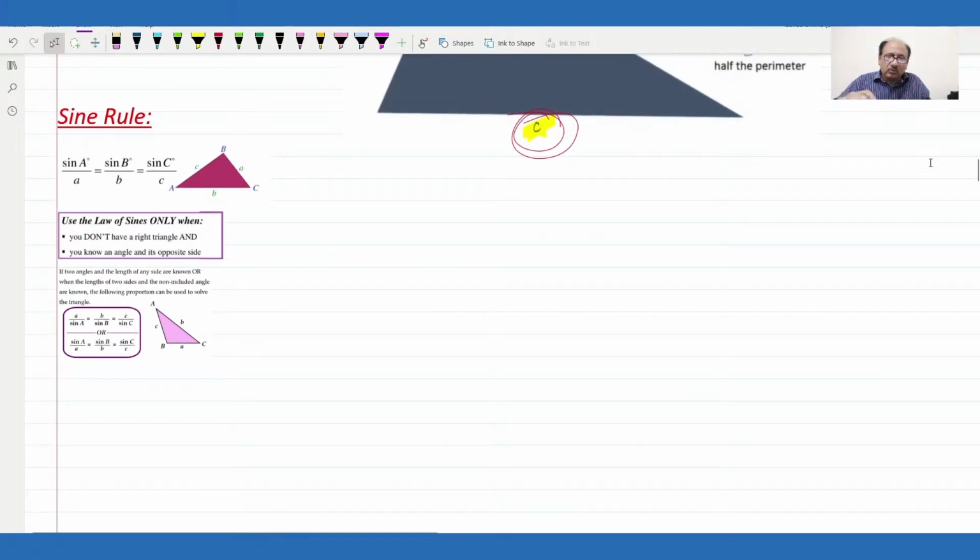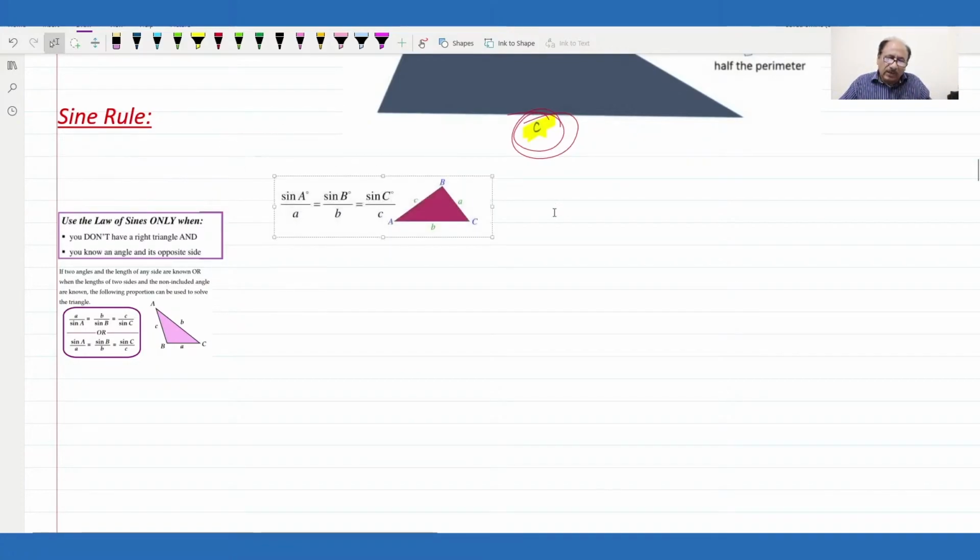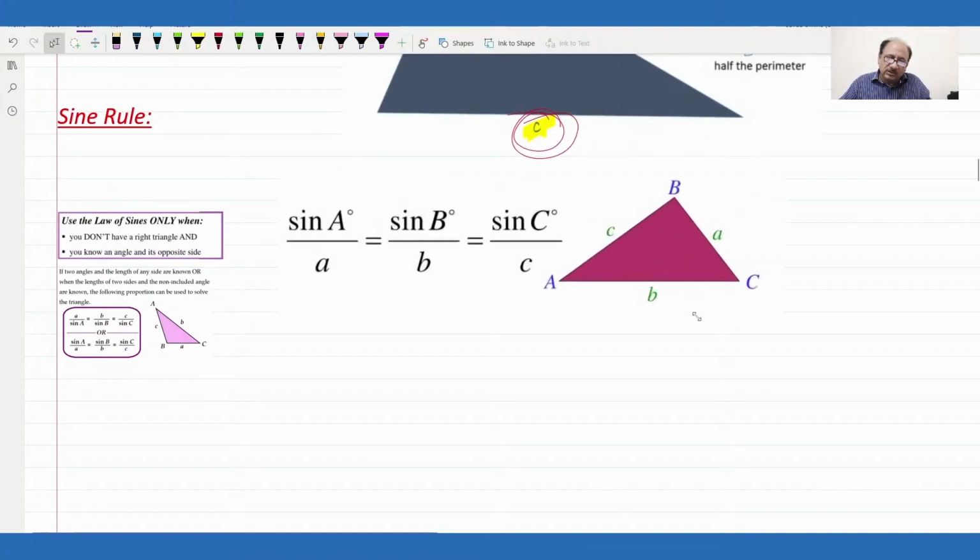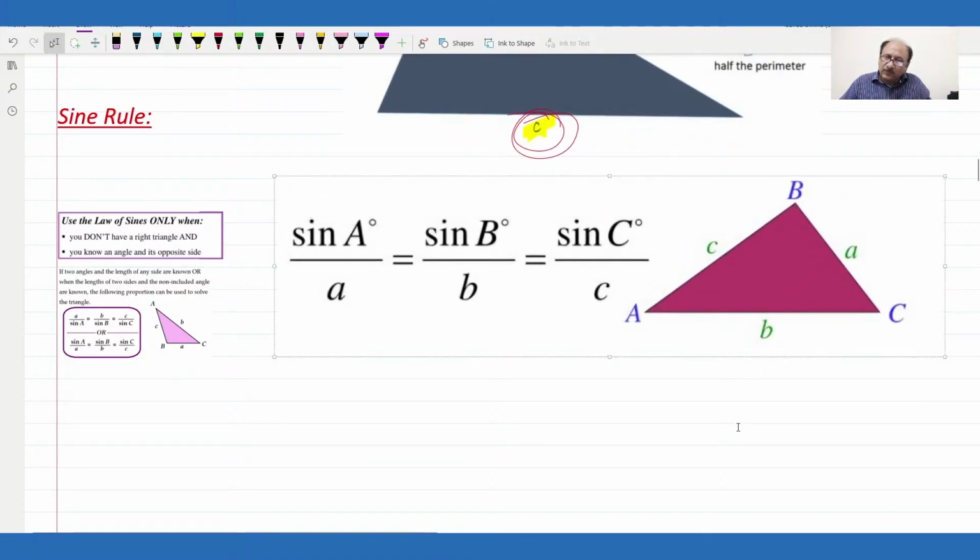We'll be going through the questions also, and I'll give you the task to complete the questions, but currently I'm just covering whatever things will be used in those questions. So the Sine Rule is another topic of trigonometry. What is the Sine Rule? If we have a triangle ABC, and opposite side lengths a, b, c, what is the ratio between these?